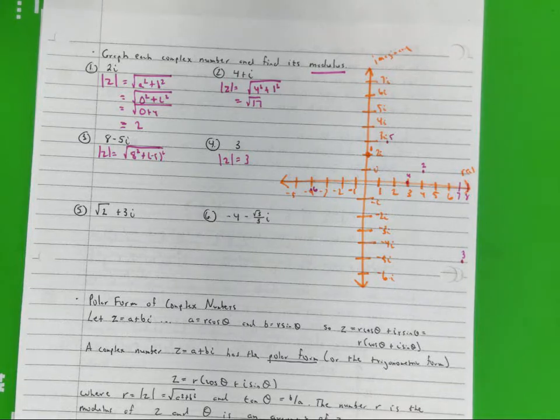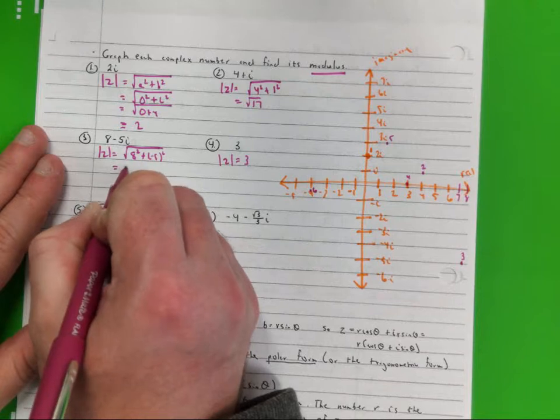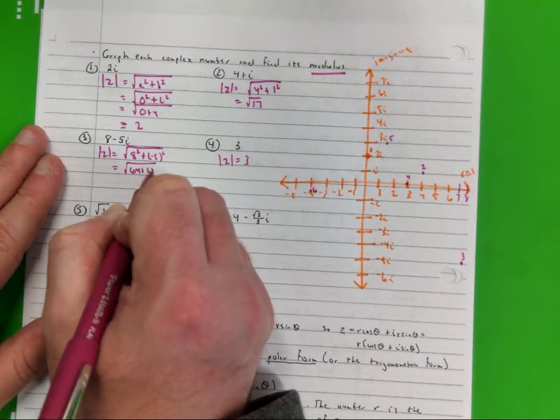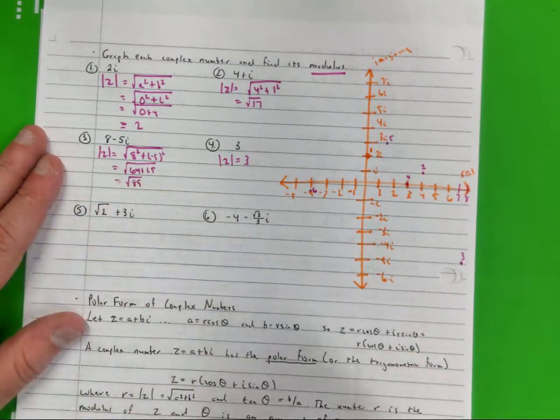A is your real part, b is your imaginary. I'm not going to give you those formulas on the test, so you've got to know these by heart. Alright, that's going to be 64 plus 25, which is 89. You cannot break that down.